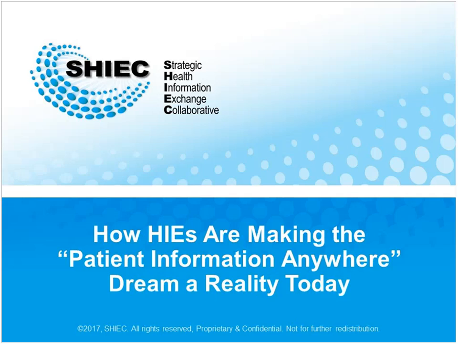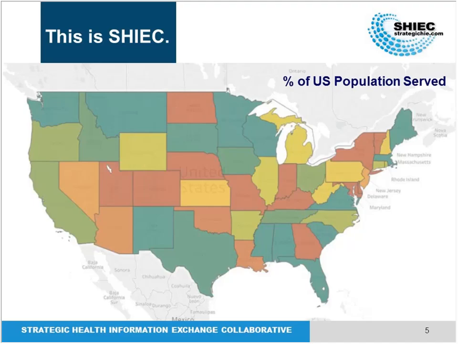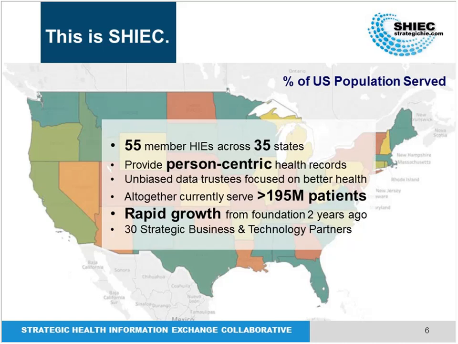So HIE was only formed about 3 years ago. It's basically a trade association for the very successful HIEs in the country. We cover a grand majority of the United States of America, and we have members in 35 states, 55 members, and we're all providing a person-centric health record. And we're basically customers not only to our providers, but also the patient populations which we cover.